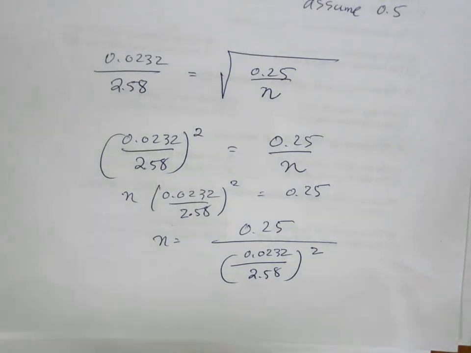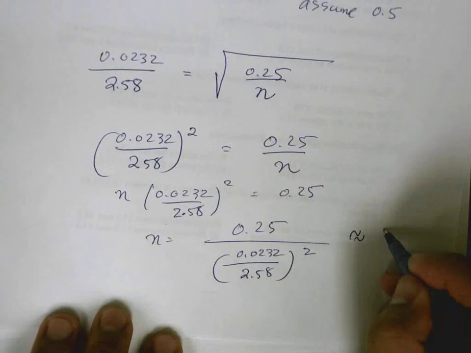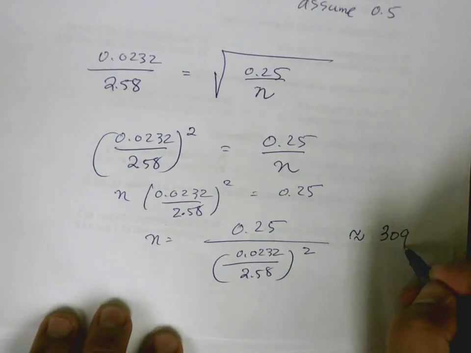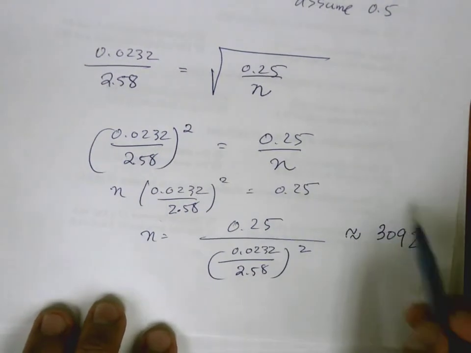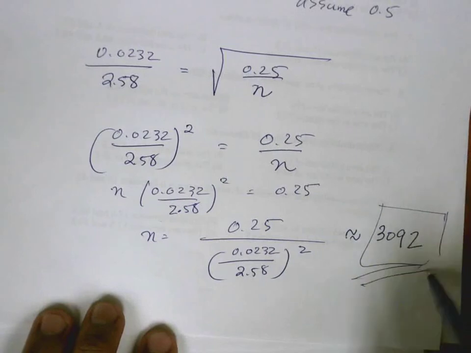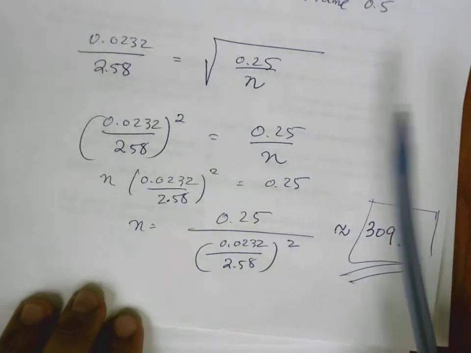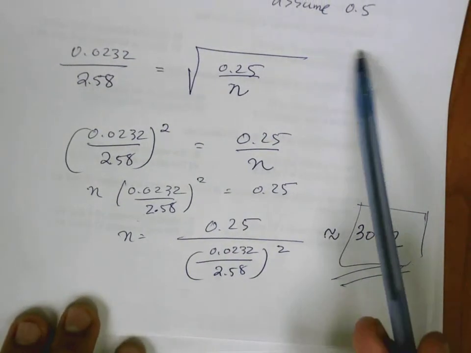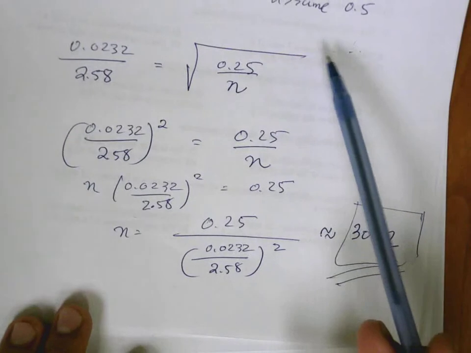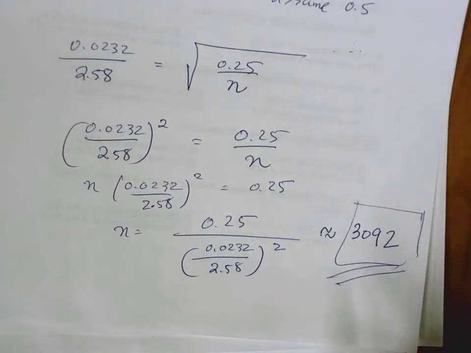Here, we'll need a sample size of about 3,092 for our final answer. So if we didn't know what p-hat was equal to, we can make this assumption. If we do know what it's equal to, then we need to use that value.